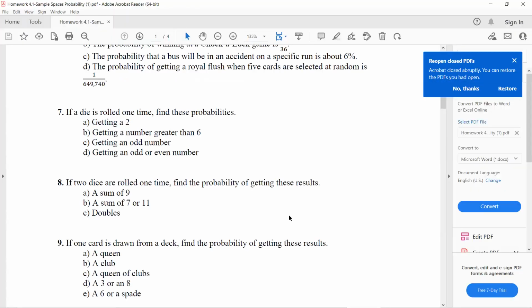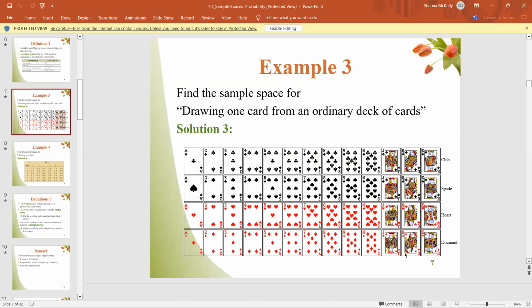The next question says, what is the probability of a club? A club. Well, let's look at the clubs. How many clubs do we have? We have 10.